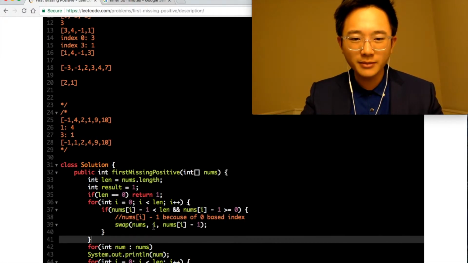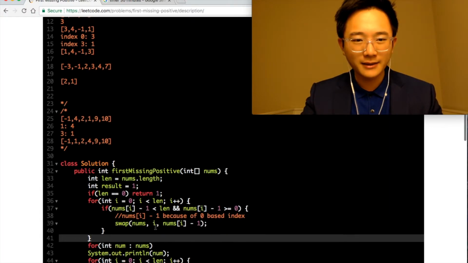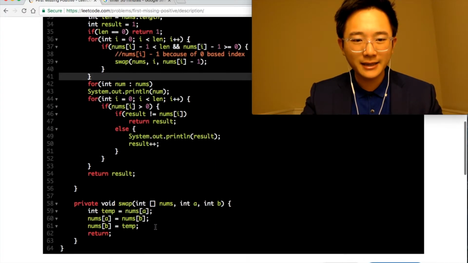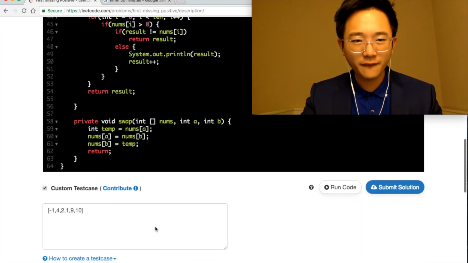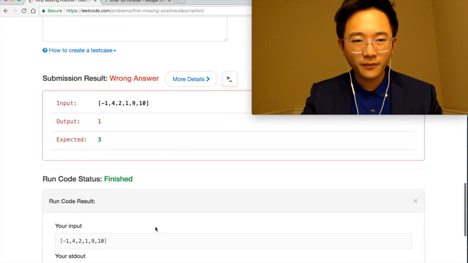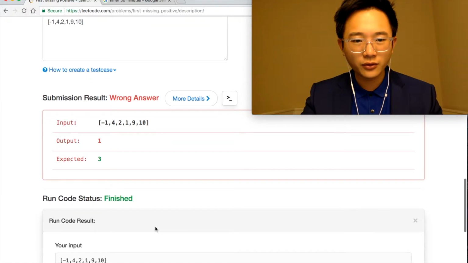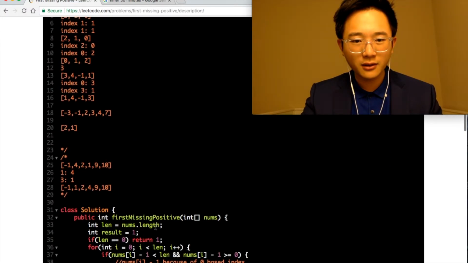All right, let me calm down and let me think of this. Why is it not swapping? It should be swapping, but it's not. Instead, it's doing nothing, right? This is -4 to 1. Yeah, it's doing nothing.